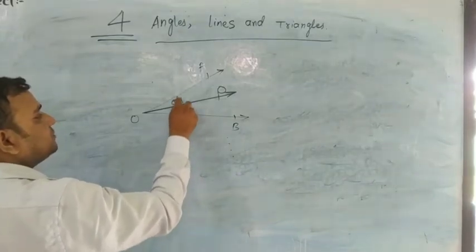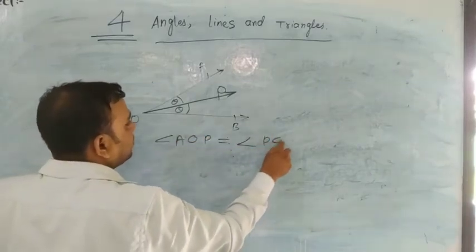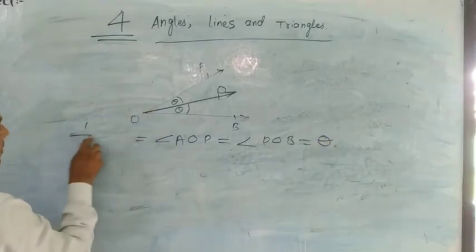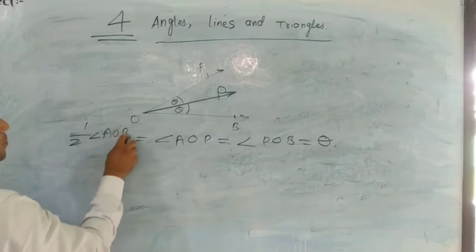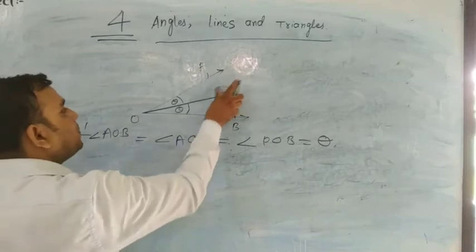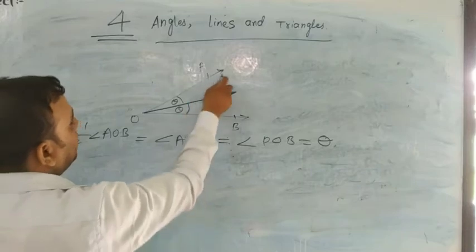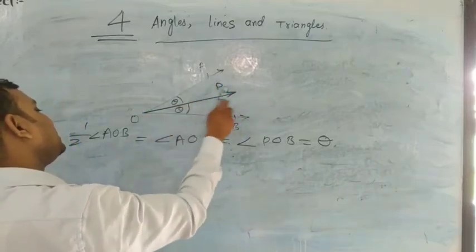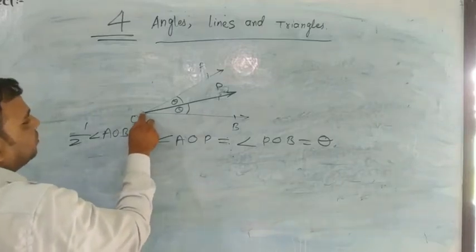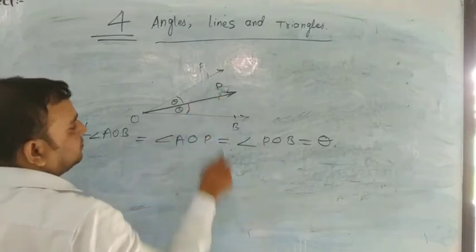That means angle AOP equals angle POB equals theta, which is 1/2 of angle AOB. Then OP is the bisector. OP is the common arm of both angles AOP and BOP. They have the same vertex, and this arm has two opposite arms.